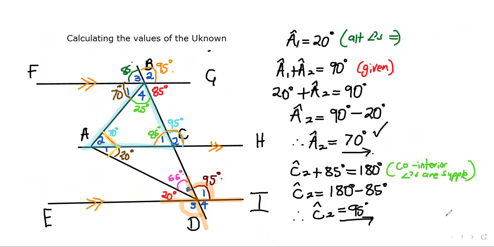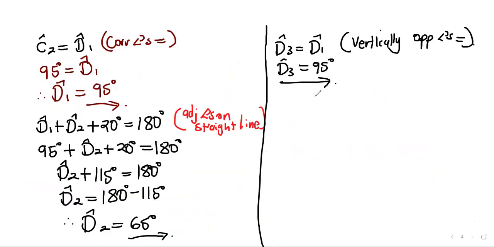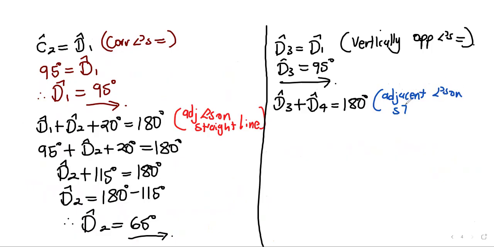Then after that, you can solve D4 by saying D3 plus D4 is equal to 180, sum of angles on a straight line. I'm just going to say angle D3 plus angle D4 is equal to 180 degrees. So that will be adjacent angles on a straight line. Then that will be 95 degrees plus D4 is equal to 180 degrees.